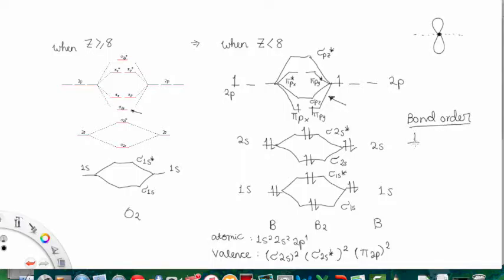Bond order is 1/2 of bonding minus antibonding, so we have 2 and 4, 5, 6, minus antibonding, which is 2, 4, and we end up with 6 minus 4 equals 2, divided by 2 gives us 1. This means that B2 is found with 1 bond between the 2 boron atoms.